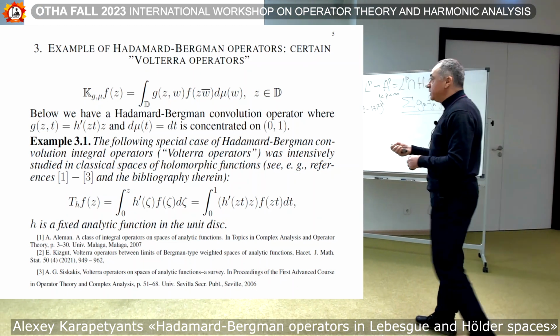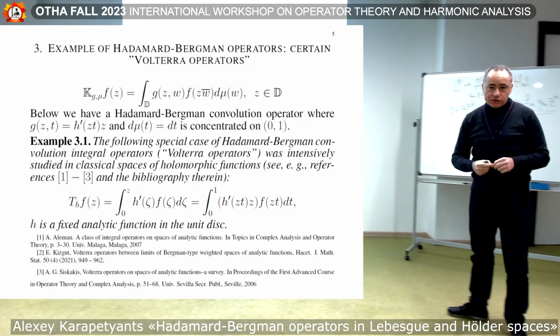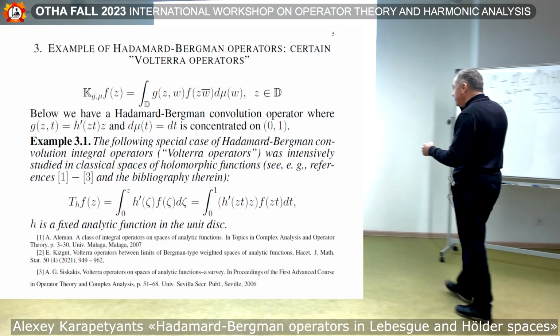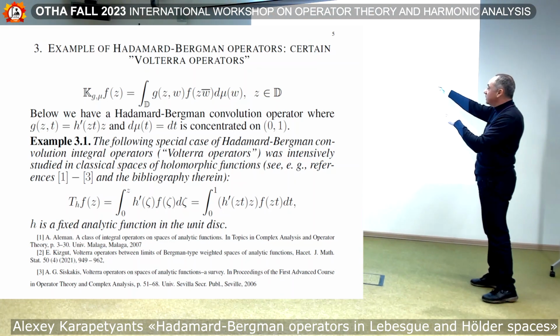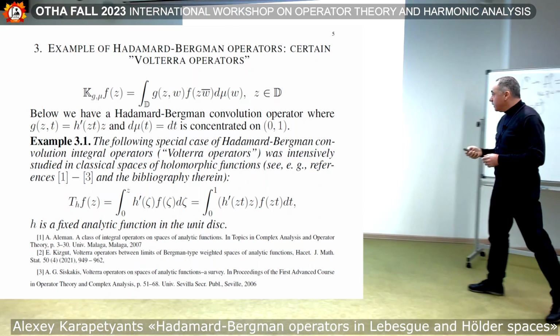And this gives an idea why it's important also to consider variable kernel. So basically, of course, you can think about this as a convolution, but we will fix a kernel g in what follows, and consider f as arbitrary functions.